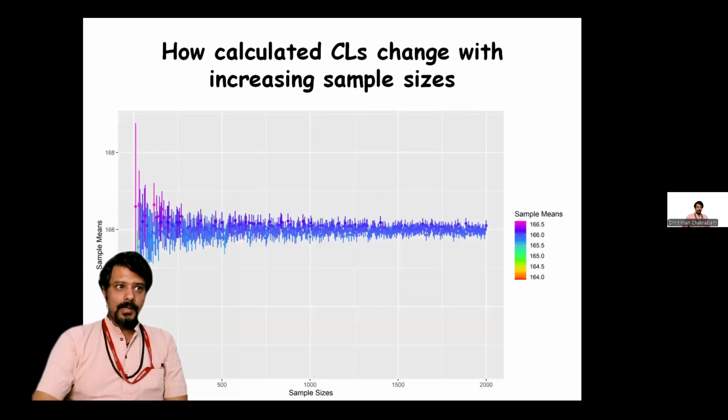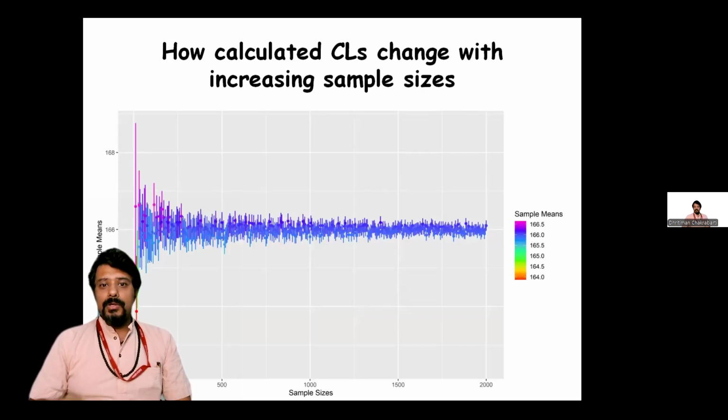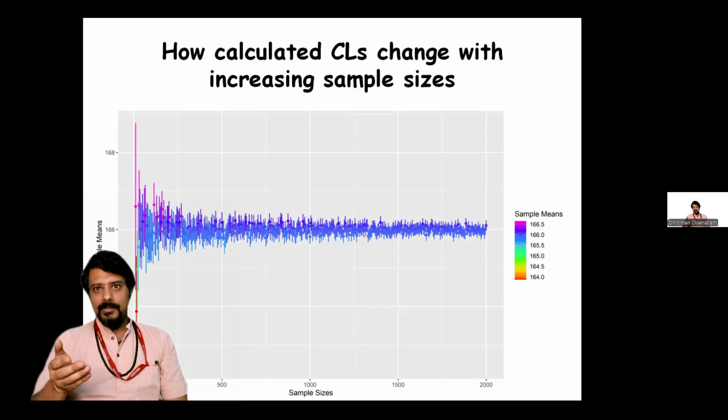Next, how does your standard error or confidence limit change with increasing sample sizes? You remember that we had done increasing sample sizes in the beginning, like how the distribution changed with increasing sample sizes. For those same, I increase the number of samples to 2000.